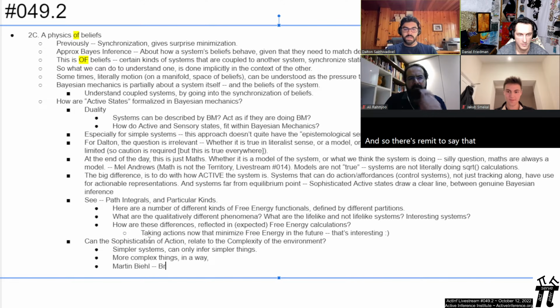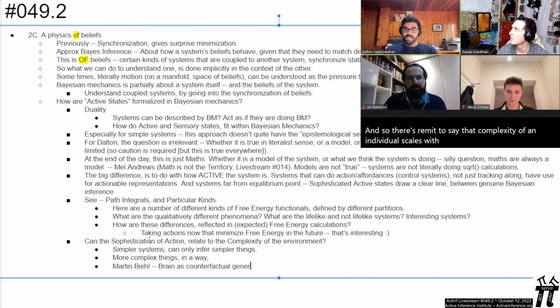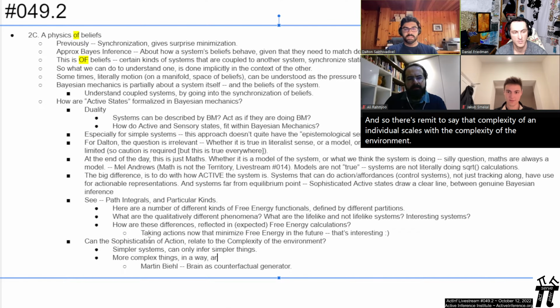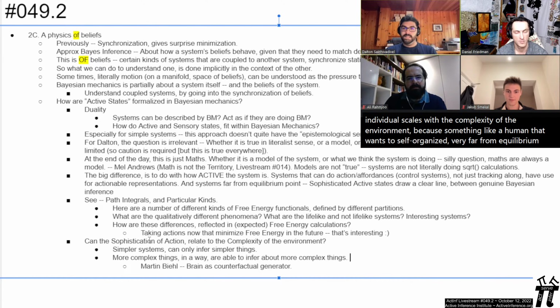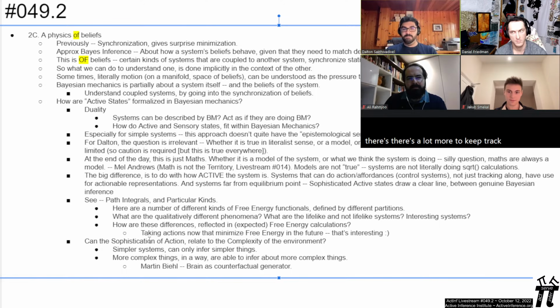the complexity of an individual scales with the complexity of the environment, because something like a human that wants to self-organize very far from equilibrium, suddenly there's a lot more to keep track of, because there's a lot more acting on you to keep you down, so to speak.